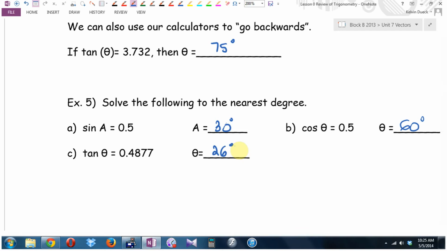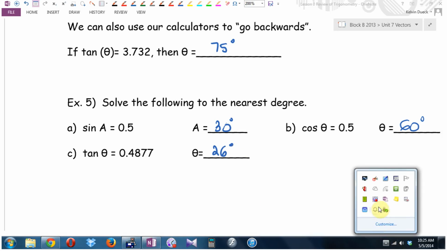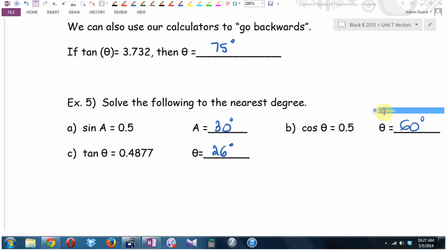Is it 30, 60, 26? I hope. Okay. Jake, figure it out? Yeah. Grant, figure it out? Let me come help, because when I see two kids staring at a calculator.